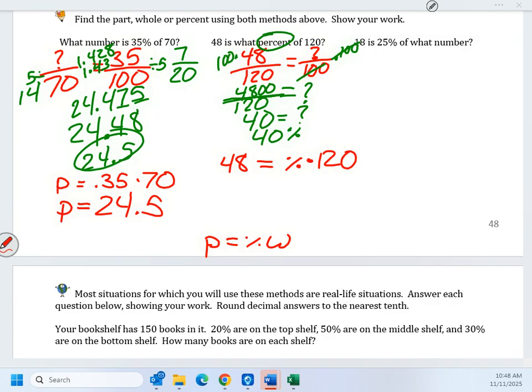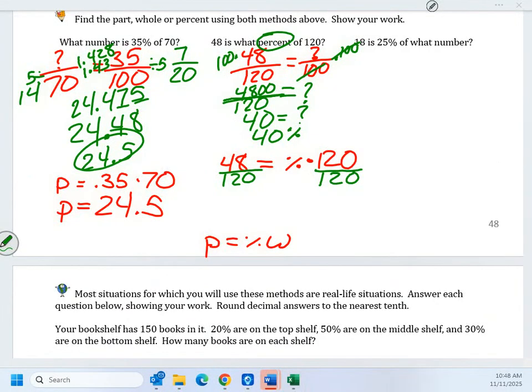How am I going to solve for my percentage? Finley? Divide 48 by 120. I'm not just dividing 48 by 120, I'm dividing 120 by 120. Remember that?